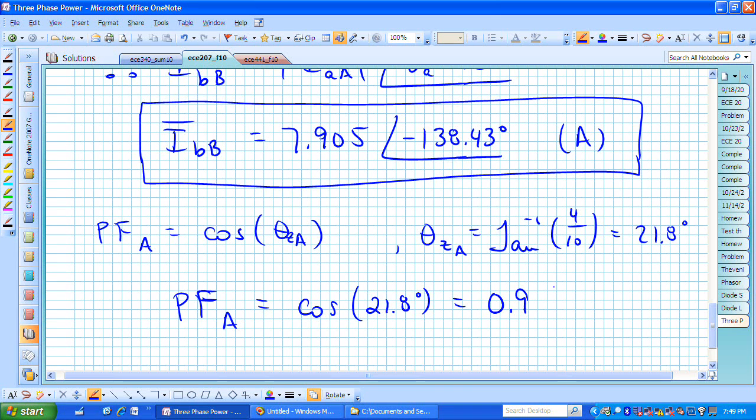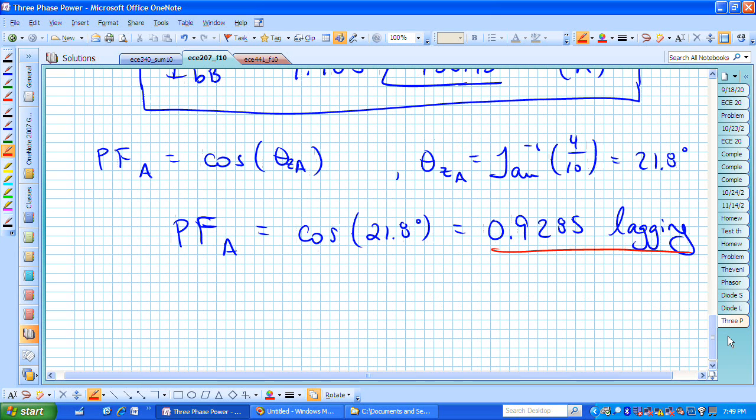That's now 0.9285. It was inductive. It had a positive imaginary part to the impedance, and for that reason its power factor is lagging. We now have found two of the three pieces of our solution.